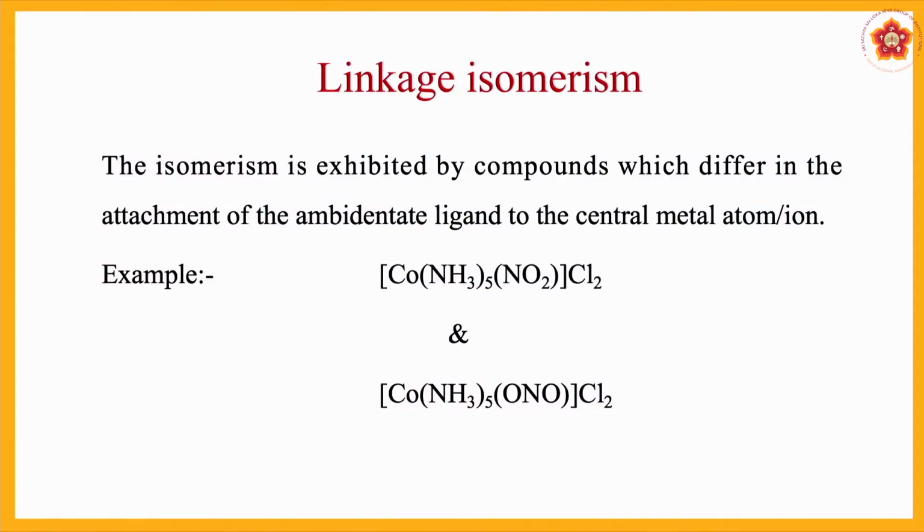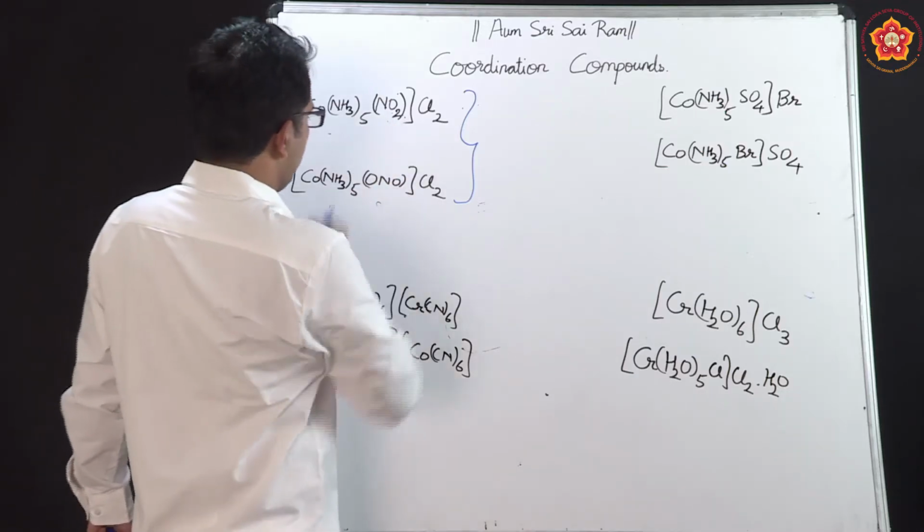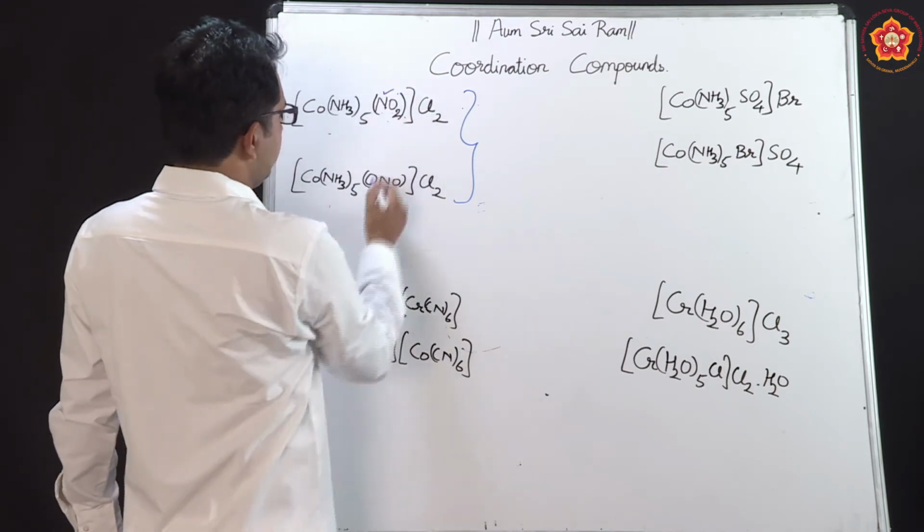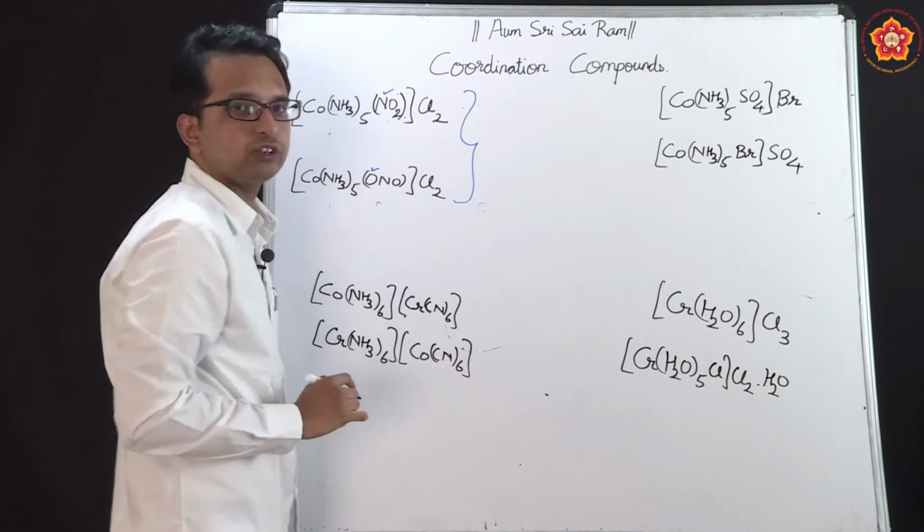So, what is this linkage isomerism? It is that type of isomerism where the isomers are coordinated through different ligand atoms. In this example, we see NO2 and ONO being attached; here the ligand attaches through nitrogen, whereas here it is through oxygen.